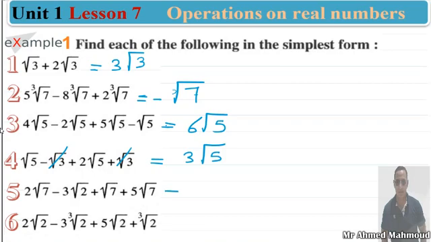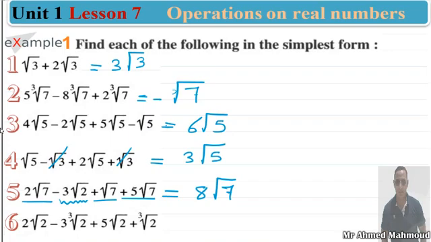The next one. Here we have 2 root 7 and 5 root 7. 2 plus 1 plus 5 equals 8 square root 7. And here we have negative 3 square root 2.